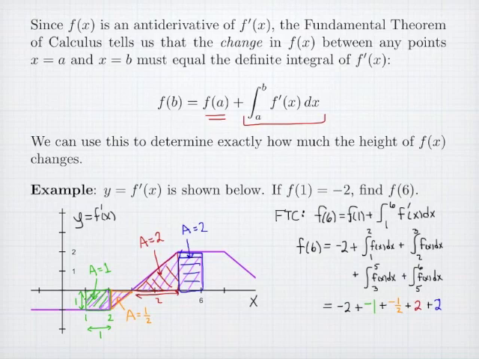Consequently, the net change of the integral is 5/2. 5/2 is the integral from 1 to 6, and that's how much my graph changes. When I add negative 2, I get a total height of 1/2. So the definite integral, here calculated geometrically, allows me to know what the height of my function will be.